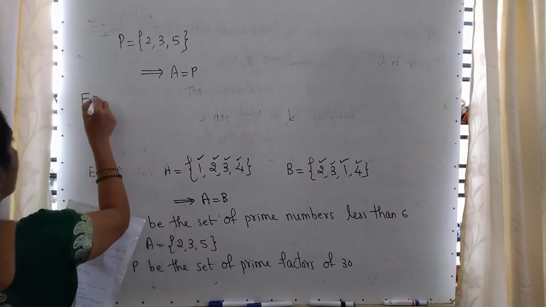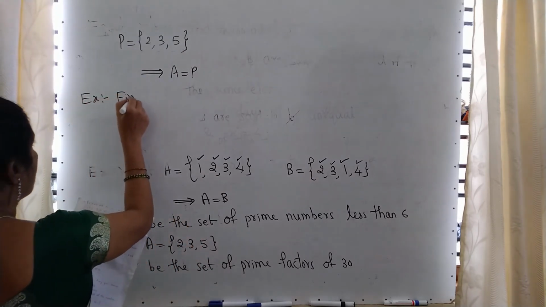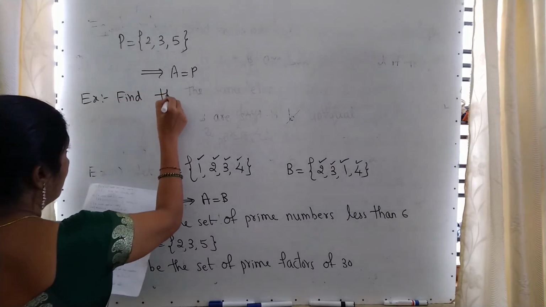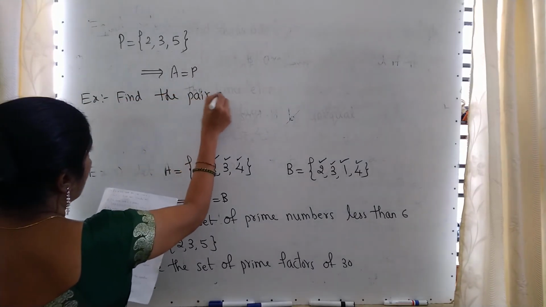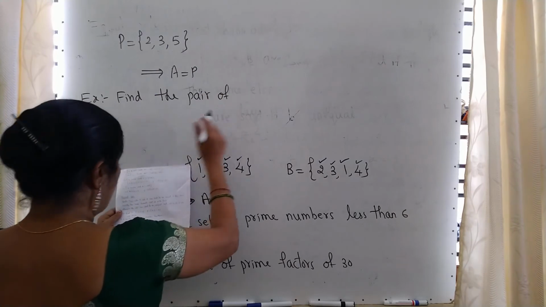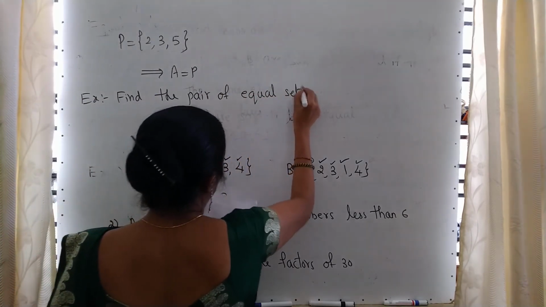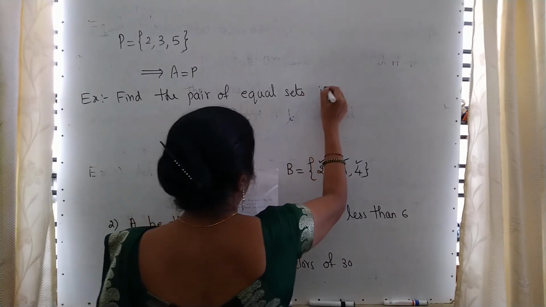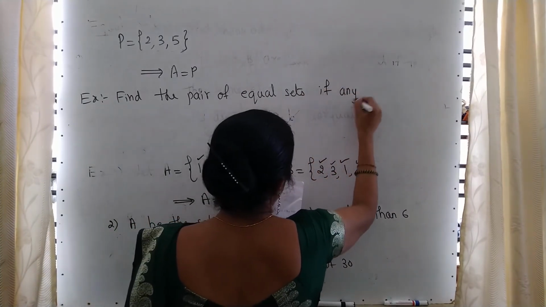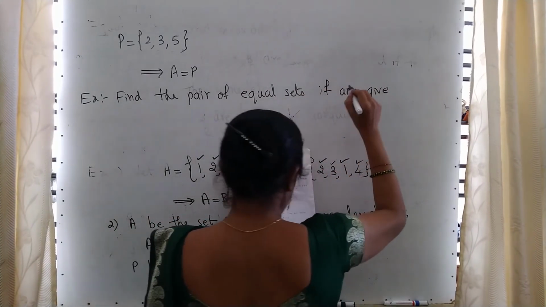Moving to the next example. Find the pair of equal sets, if any. Give reasons.